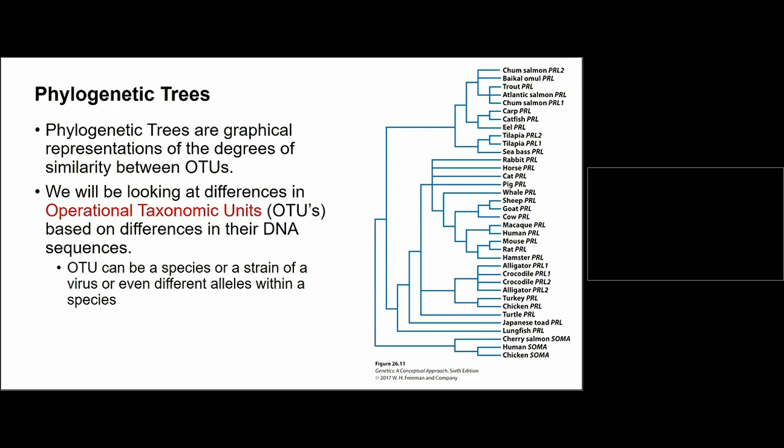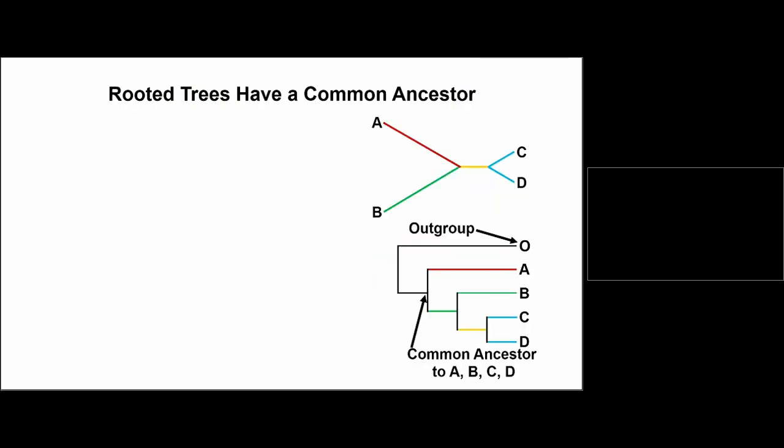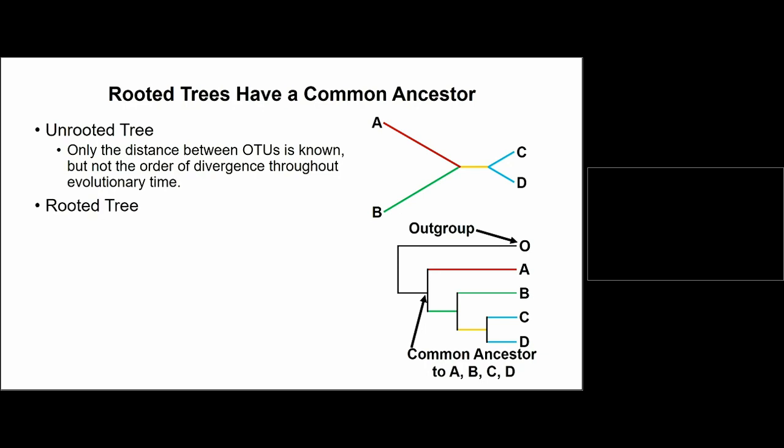There are different ways you can make trees, and if you spend more time in evolutionary genetics or evolution courses, you may talk about different types of trees. These are two types of trees, an unrooted tree up here at the top and a rooted tree at the bottom. In the unrooted tree, we can figure out the molecular distance or the evolutionary distance between A and B, and between C and D, and between the A and B group and the C and D group, right?